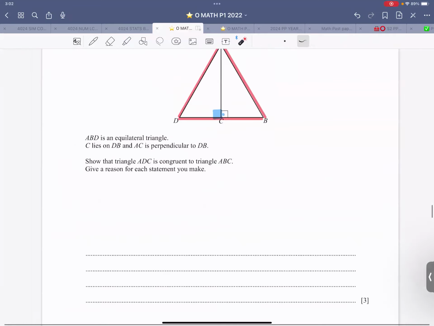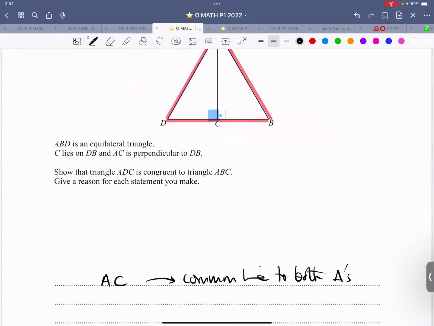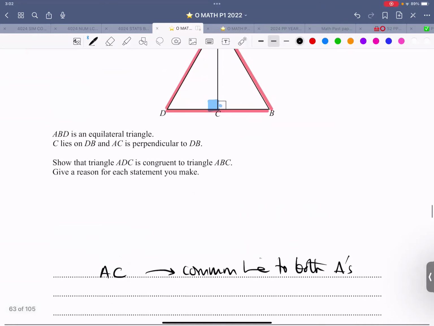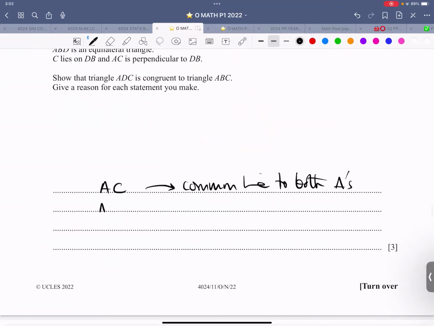3 marks for this. So now, first of all, I'll write AC is a common line to both triangles. That's the first thing. Then the next thing is the 90-degree angle. So angle ACD and ACB are the same, they both are 90 degrees.